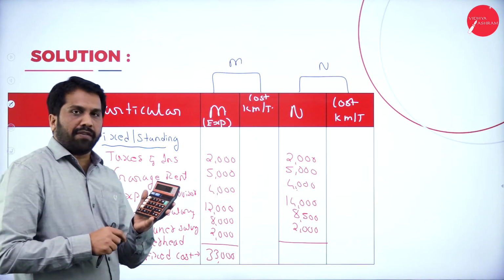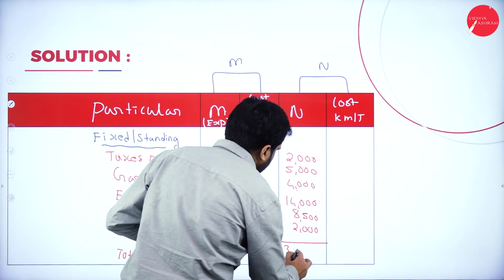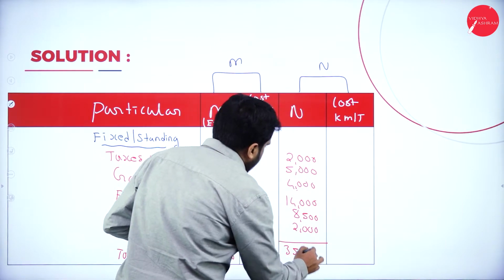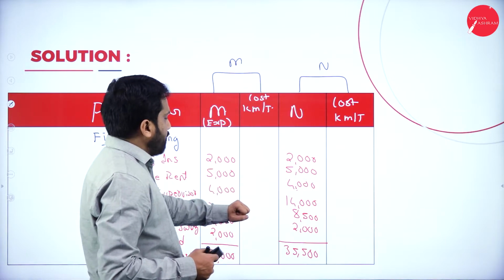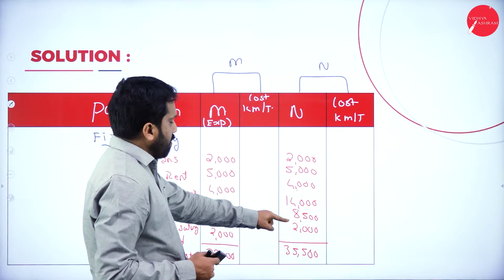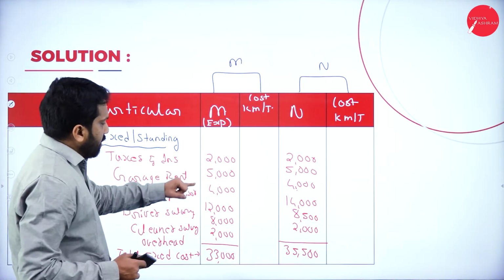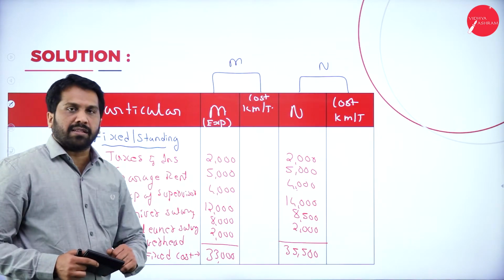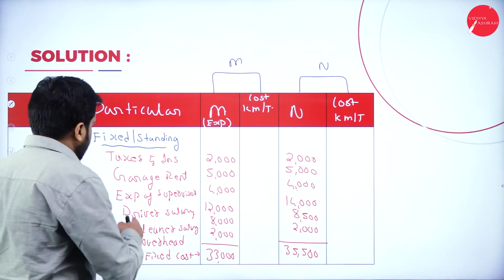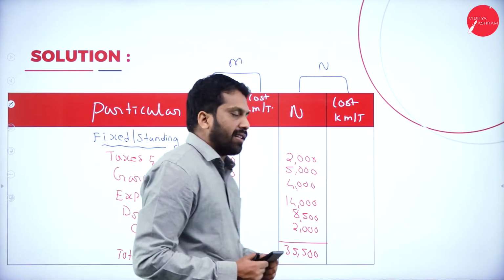I got 35,500. I'll cross check once. 7,000, 11,000, 23,000, 31,000, 33,000. Now, so we have 33,000 and 35,500.